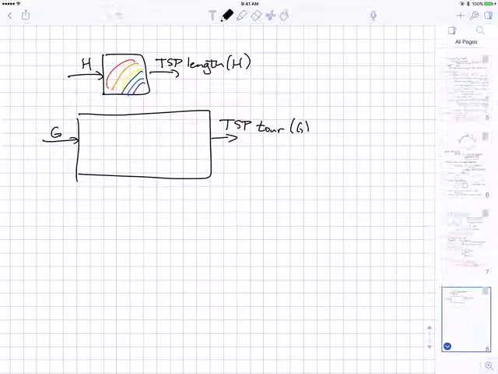So I can imagine a question that I could ask is, does the shortest traveling salesman tour go through this edge or not? There might be multiple traveling salesman tours, in which case I might be asking, does every shortest traveling salesman tour go through this edge? Or does at least one shortest traveling salesman tour go through this edge, or not? So how would I figure this out?